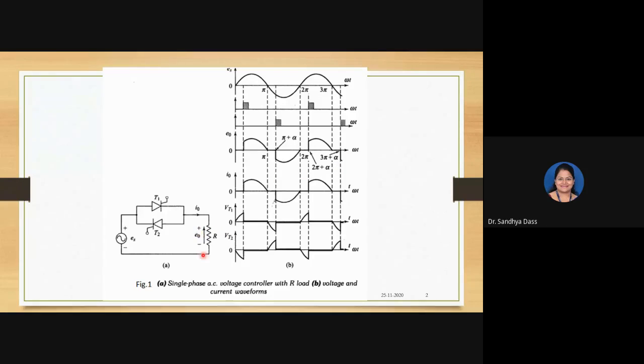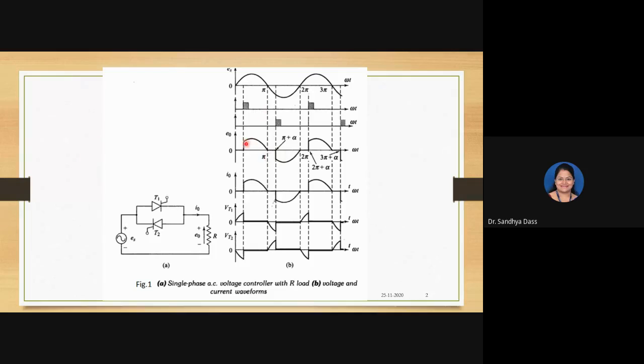In the previous session, we discussed R load, that is resistive load, where this was a bidirectional AC voltage controller, which means that we could control the output both in positive cycle and negative cycle as well, right? So we could control the power fed in both cycles using two thyristors, T1 and T2, in this fashion. Our input was AC, and what we are getting at the output is also an AC signal, which can be controlled.